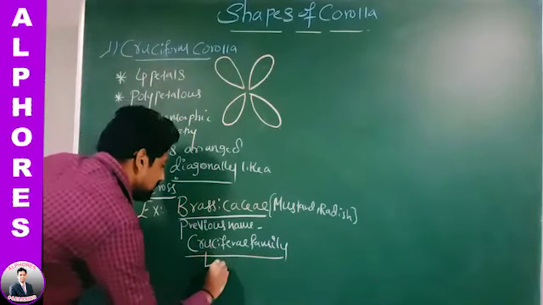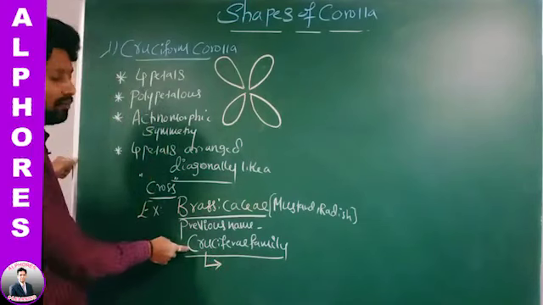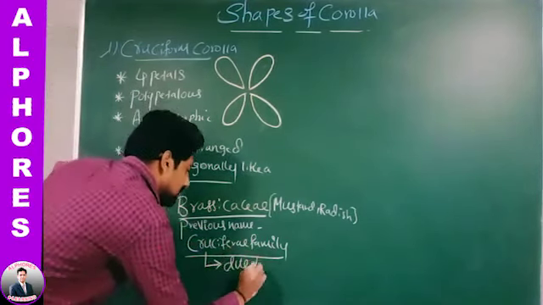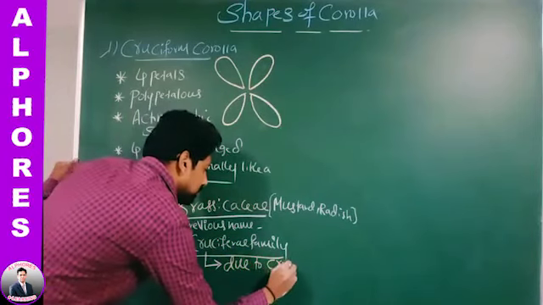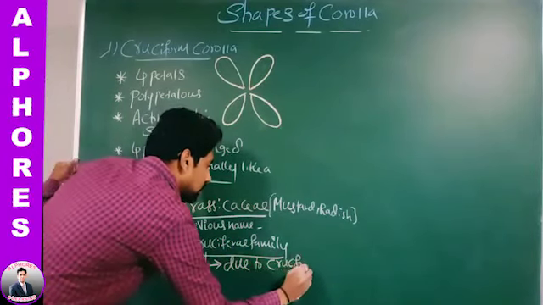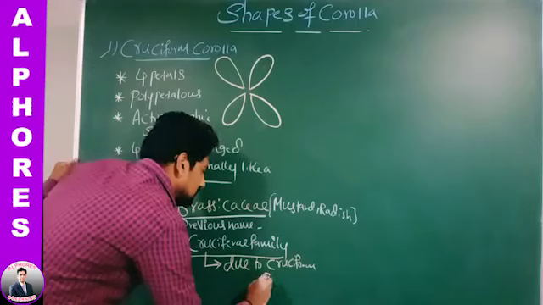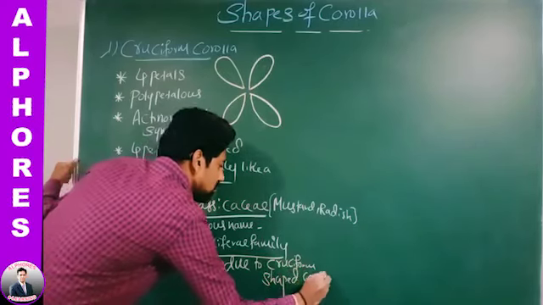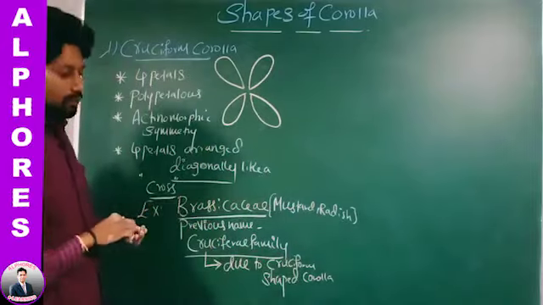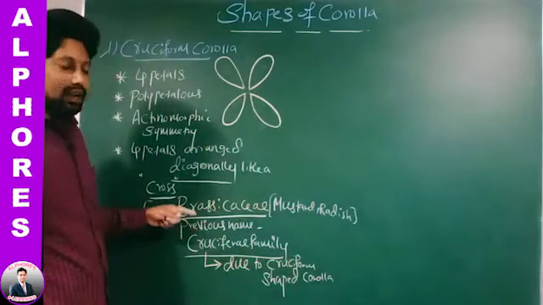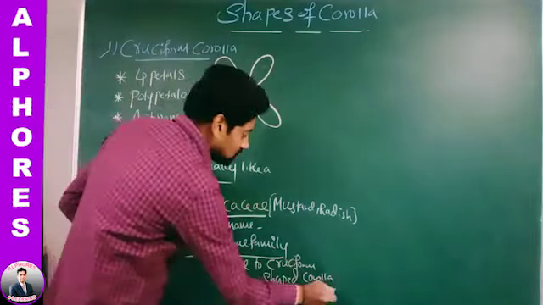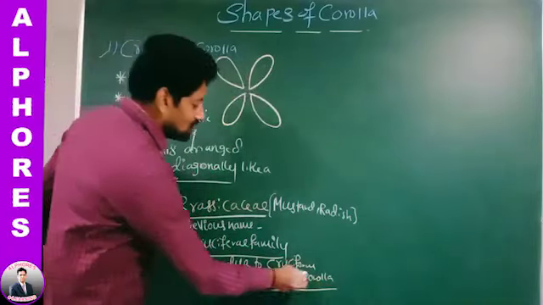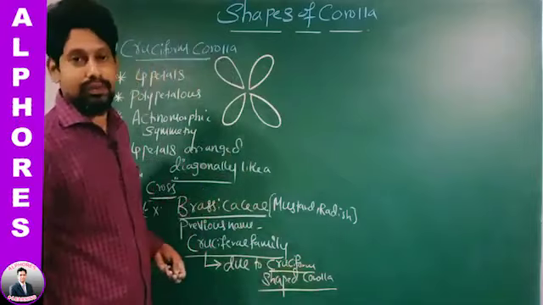Why did this family get this name? Due to cruciform shaped corolla. It means this family got the name due to the shape of the corolla. What shape? Cruciform shape.